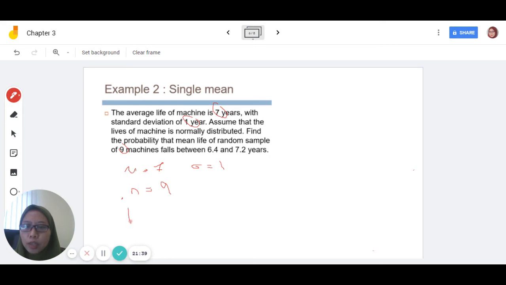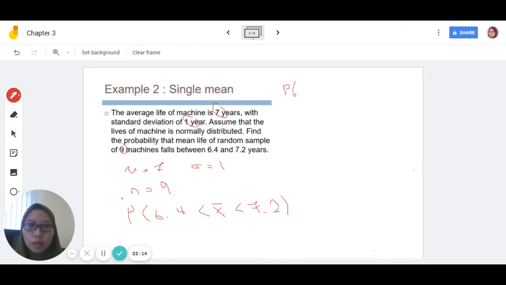Then you want to find the probability between 6.4 and 7.2. So you can just substitute using the formula for the z value just now.